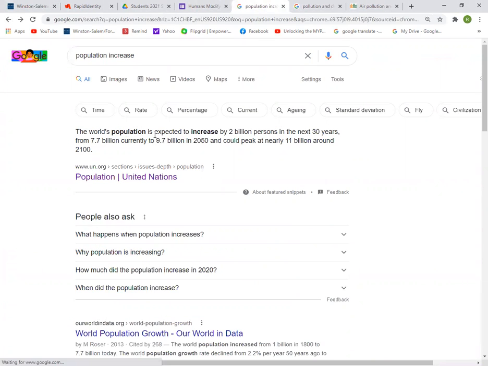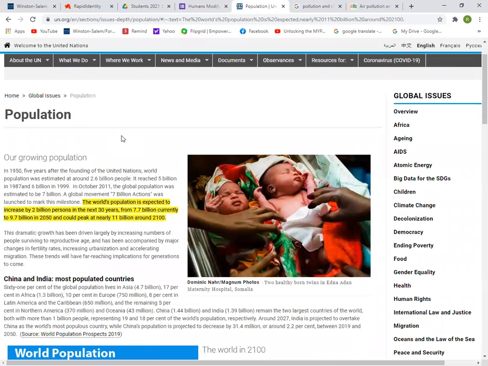The world's population is expected to increase by 2 billion persons in the next 30 years from 7.7 billion currently to 9.7 billion in 2050 and could peak at nearly 11 billion around 2100.